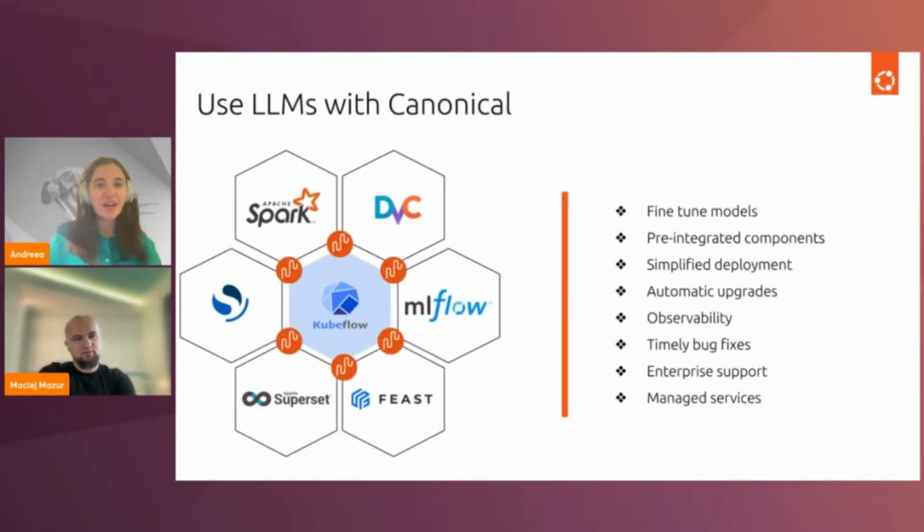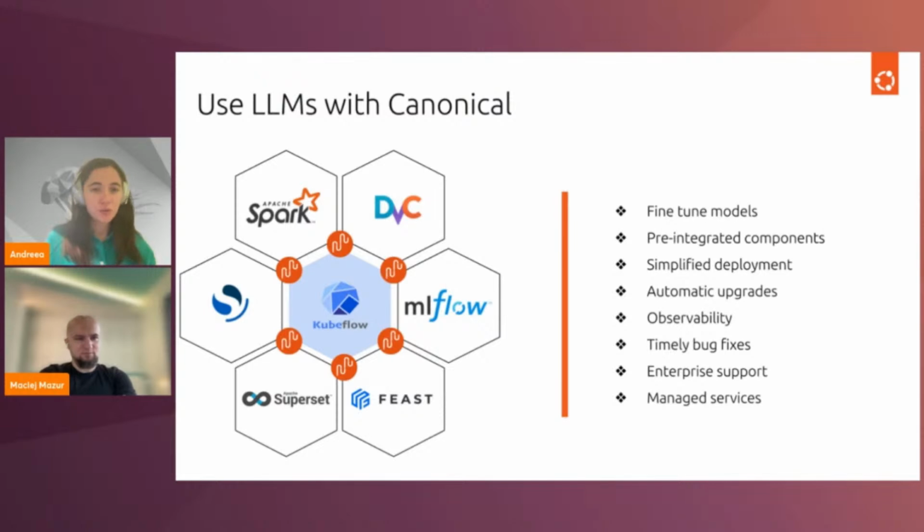Thank you. And I will go towards how to use large language models with Canonical, and it's almost equal to how to use LLMs with open source. In Canonical, we have an MLOps solution that is a plug-in, plug-out architecture depending on the use case. That can be used to fine-tune your models and to benefit from a simplified deployment.